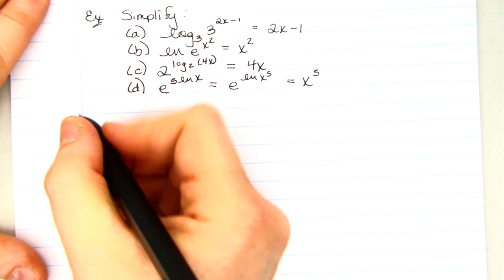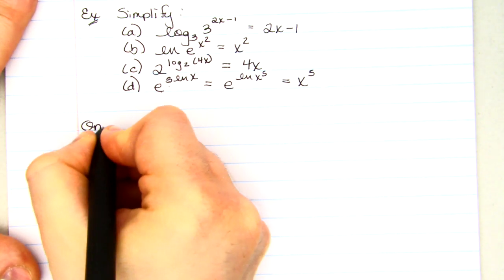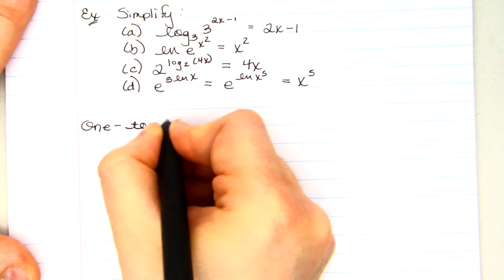The other ideas we need to use are what we call our one-to-one properties.